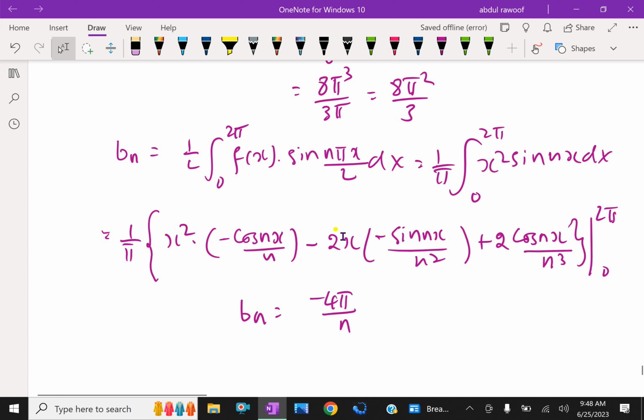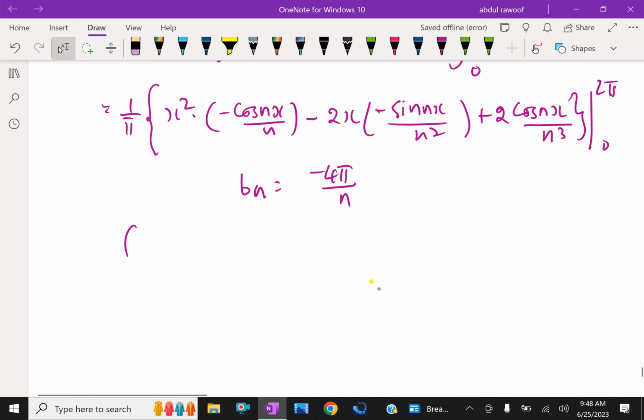Carefully applying the limits, we will get this. So we got a0, an, bn, the coefficients of the Fourier series. Now we write the Fourier series.